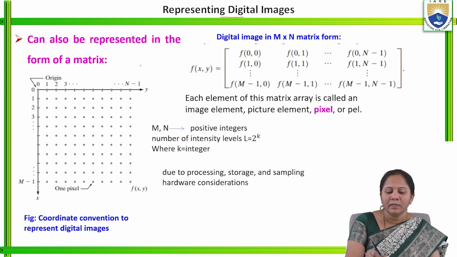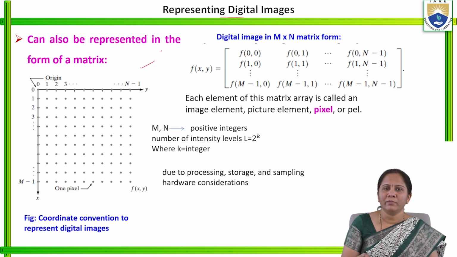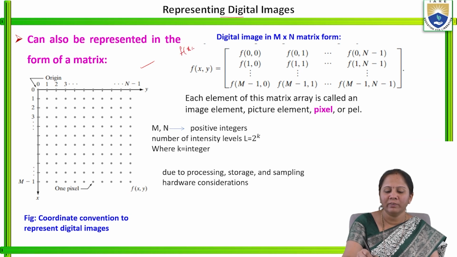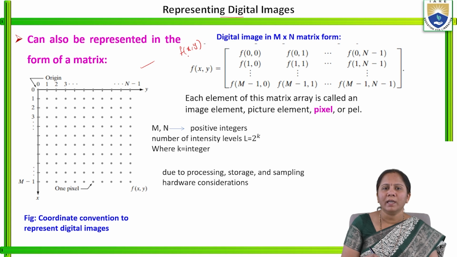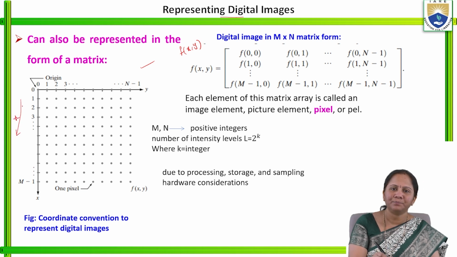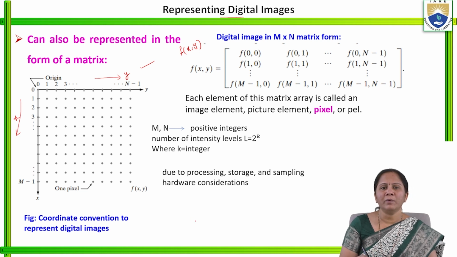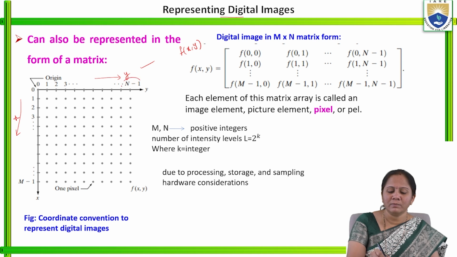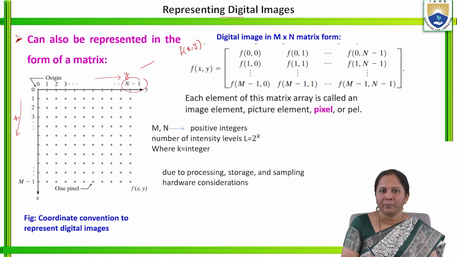Here, an image can be represented in the form of a matrix. Generally it is represented as f of x comma y, where x and y are the spatial coordinates. Here x and y values should be positive numbers. The x value varies from 0 to m minus 1 and the y value varies from 0 to n minus 1.